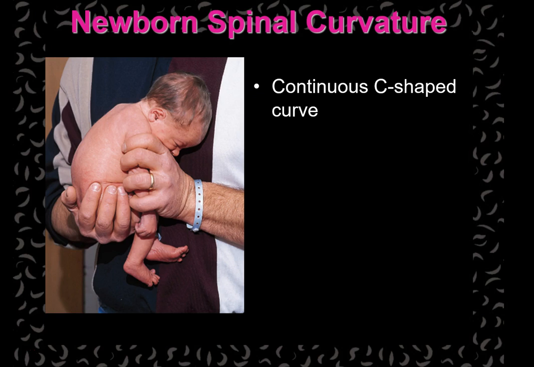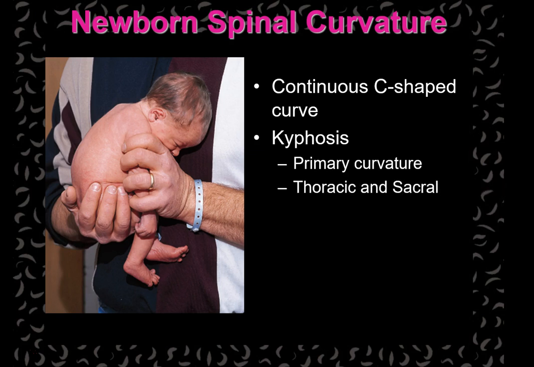When the C faces forward, that's called a kyphosis, and that's the primary curvature in the newborn, okay? Because it's the first one, okay? As that baby gets older, it will keep the kyphotic curves in 2 regions. It will keep the kyphosis in the thoracic and sacral regions of the spine.